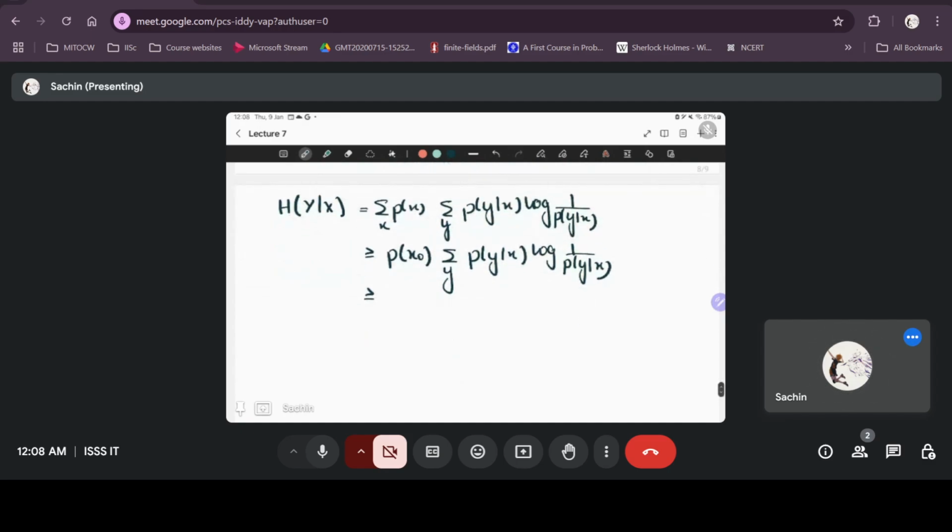Similarly, instead of summing over all y, if we sum over only two particular values of y, then the summation is greater than or equal to.